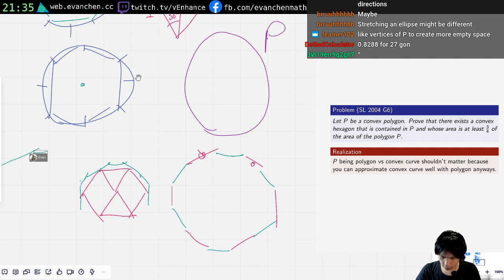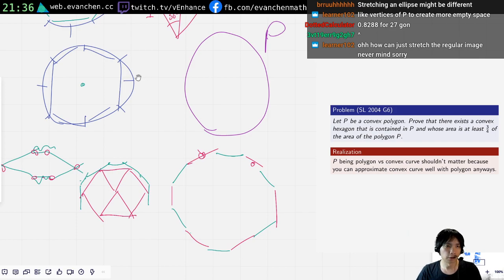If I had something like that, then I guess that's a reason the hexagon might be the right choice. I was wondering why it was a hexagon in particular versus any other shape, but that may be a reason. If I stretch two vertices very far away, then you can get close to 1 by taking these 6.